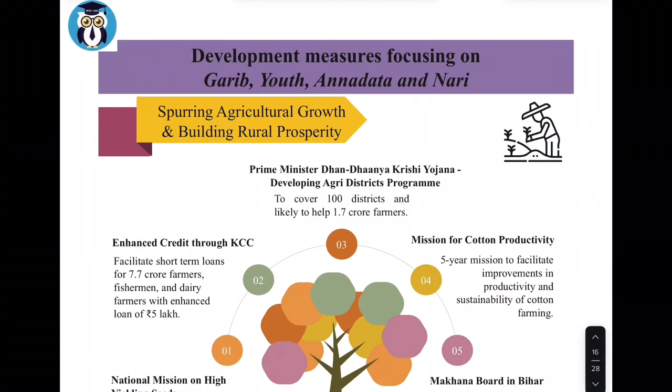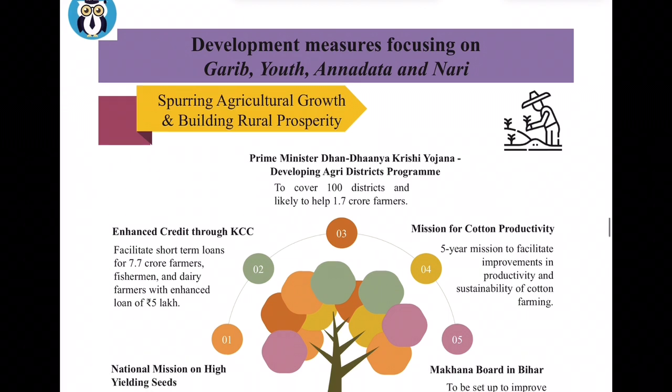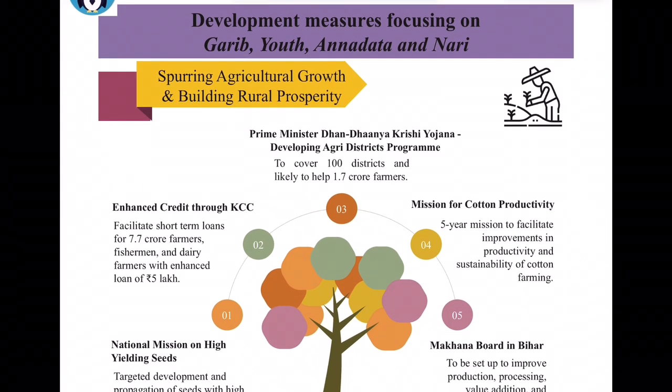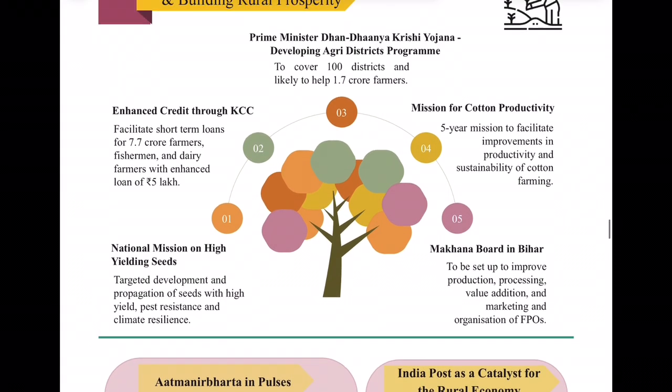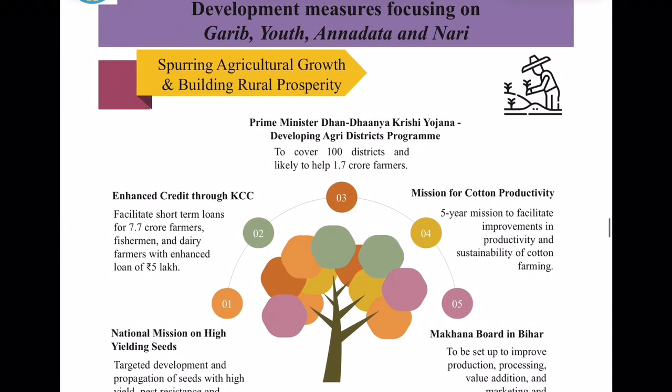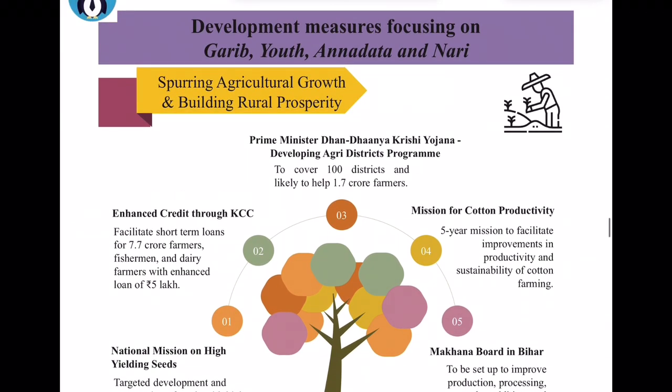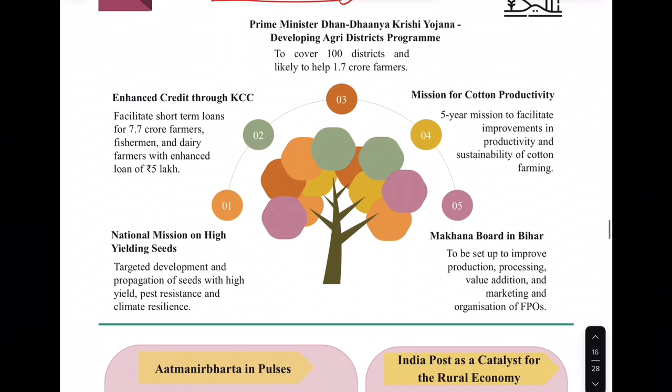Now, we will look into the important part, so that the relevant portion will be marked. So, development measures for the Garib, Youth, Annadata, and Nari, which we have already seen. For agricultural growth and building rural prosperity, the government has enhanced credit through the Kisan Credit Card.